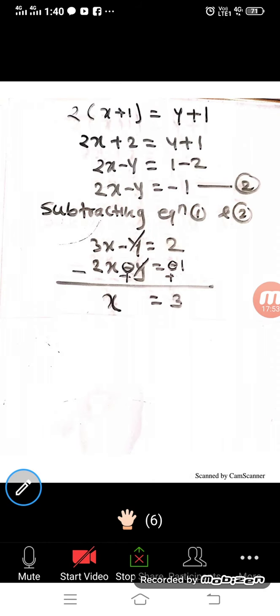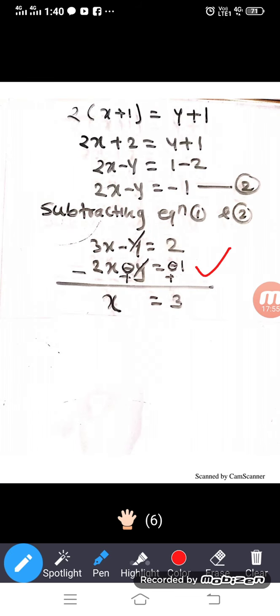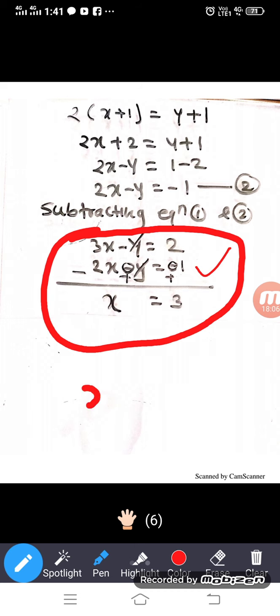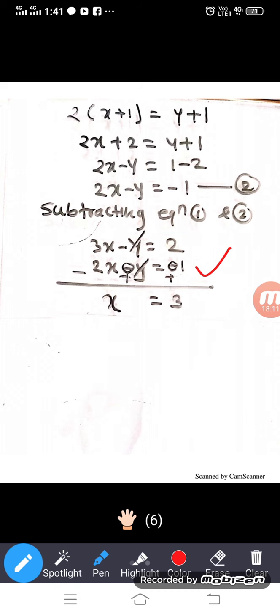Minus 1 multiply to the second equation, then their sign change. Then plus y minus y gets cancelled.